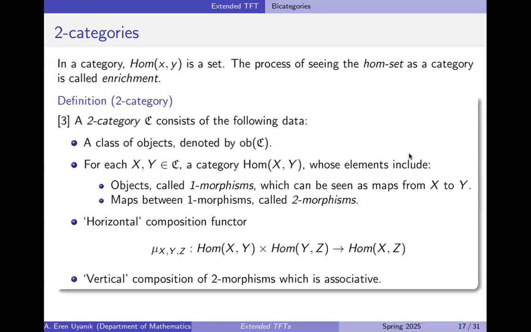It consists of a class of objects, and for each pair of objects this time we get not only a set but a category, whose objects are just morphisms between X and Y. These are called 1-morphisms, and the morphisms in this category are called 2-morphisms. We will see examples soon.